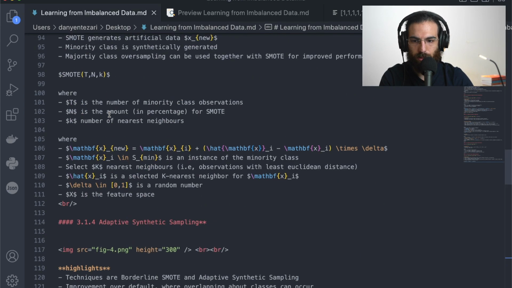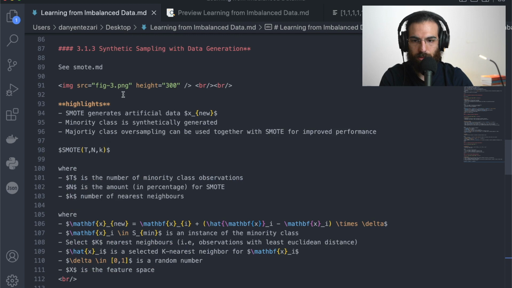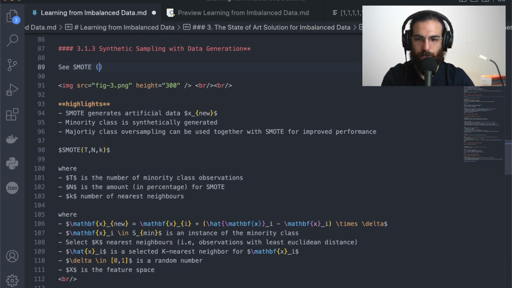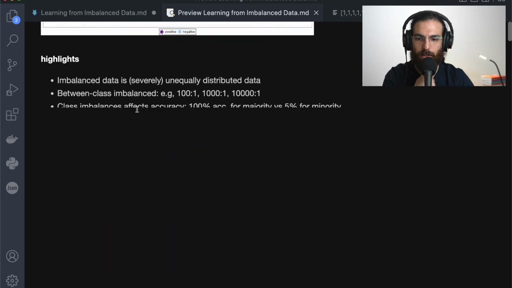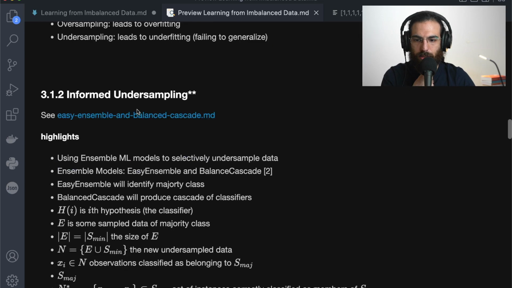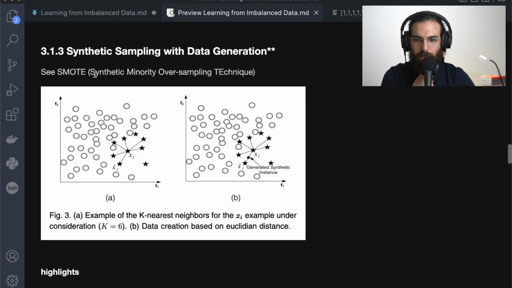Let me include it here in the paper for you. SMOTE is a paper on its own, obviously, and it's also included in the notes. So yeah, synthetic minority oversampling. That's the acronym.